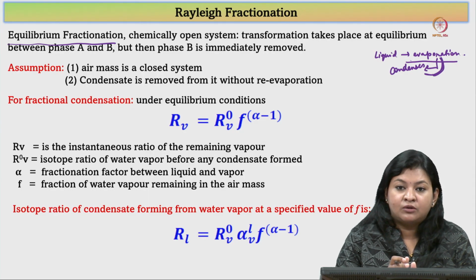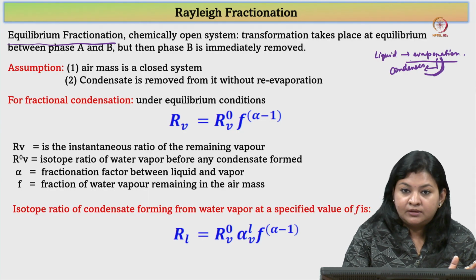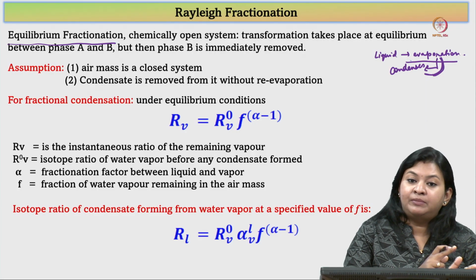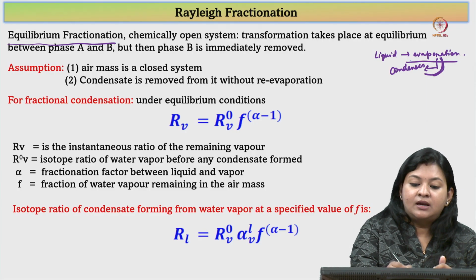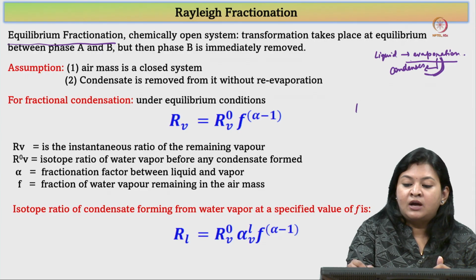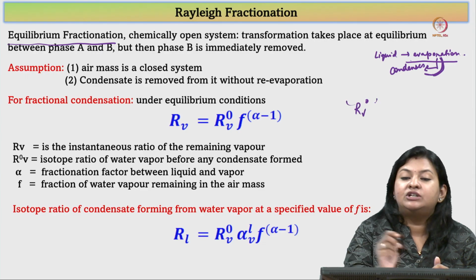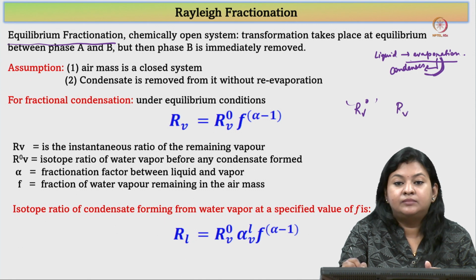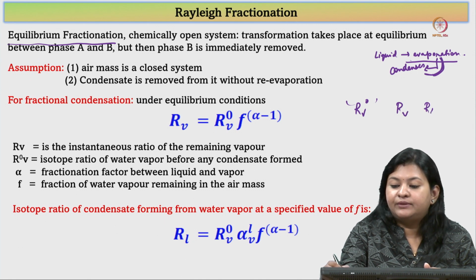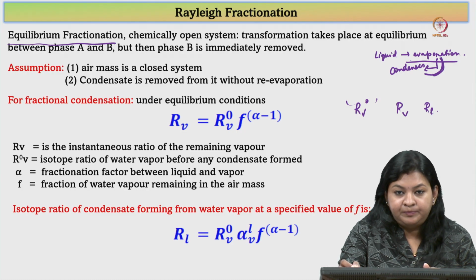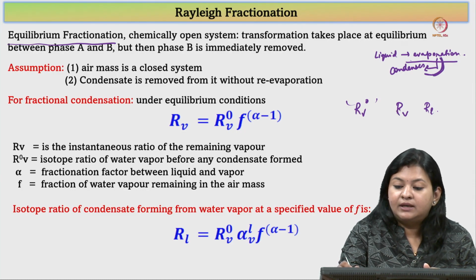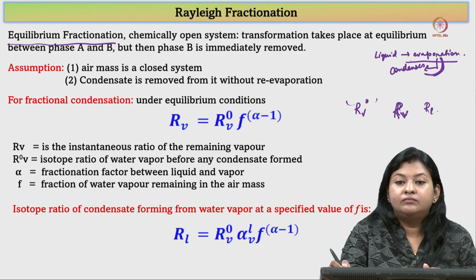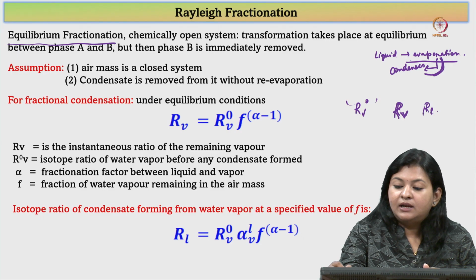Okay. Given these two assumptions, given these conditions, what is the stable water isotope composition of the initial vapor, of the first vapor? This is written in the form of RV0. So, the initial vapor, the present vapor and the present liquid: the ratio in the initial vapor RV0, the ratio in the current vapor, and the ratio in the liquid.